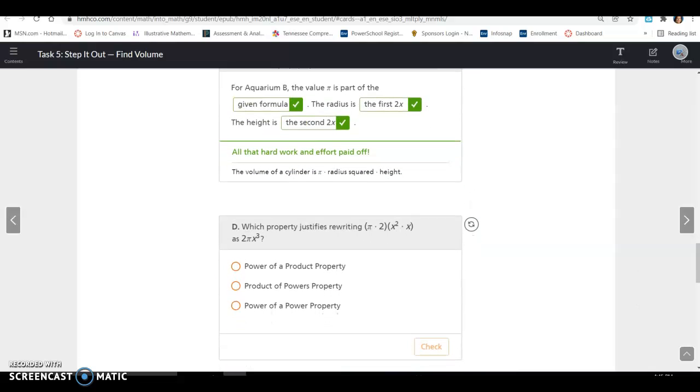All right, which property justifies rewriting 2 pi x cubed? All right, so we're going from here to here. So that is our product of powers property.